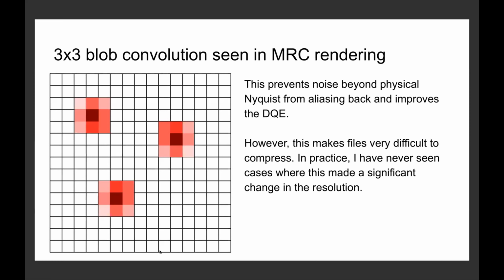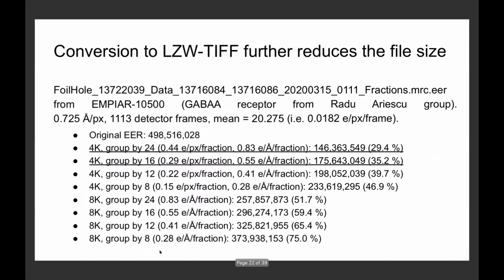And in practice, this doesn't improve resolution much. So by getting EER and then rendering electrons as a dot, you can further reduce the file size. And then one movie is less than 200 megabytes. So having a very small data size is very important, because nowadays people can easily collect 10,000 movies per day or so. So this is a nice way to get small data size.